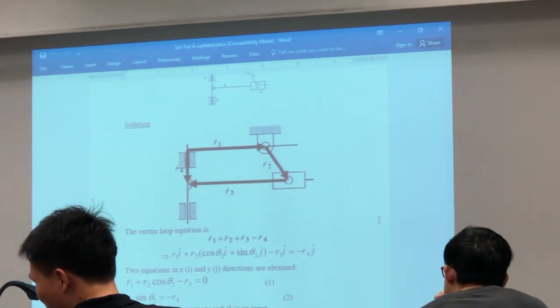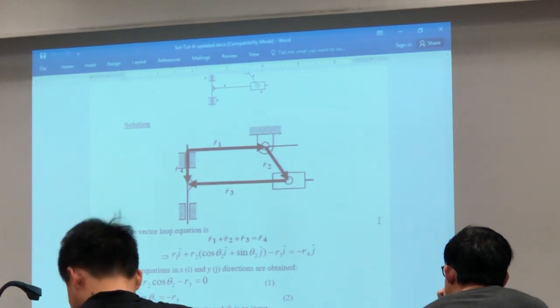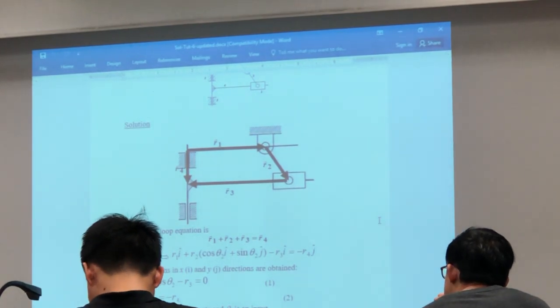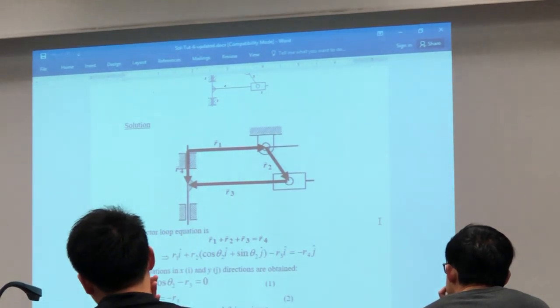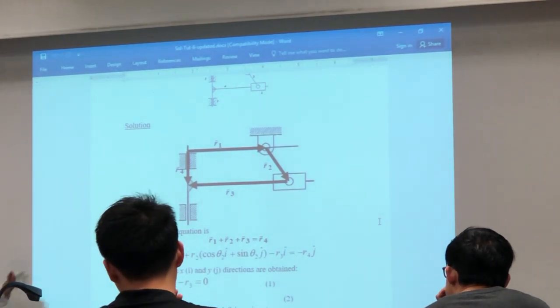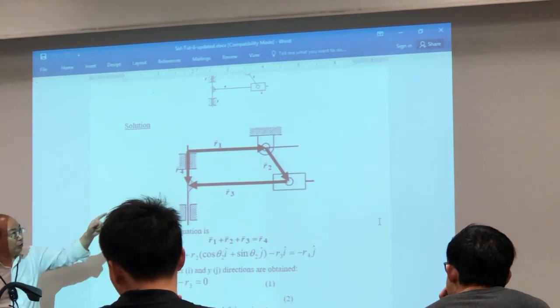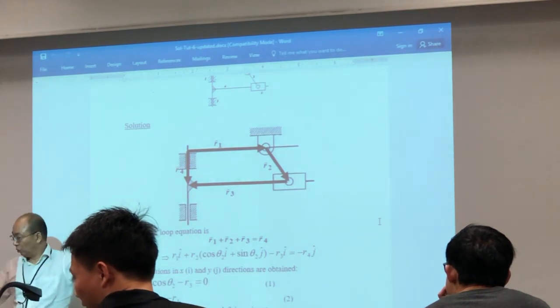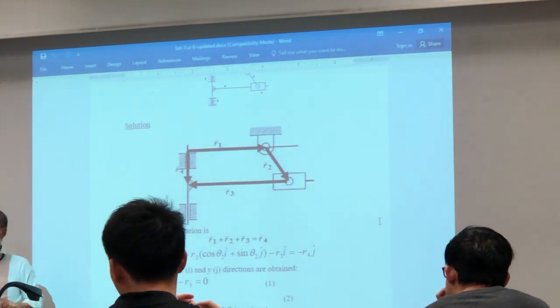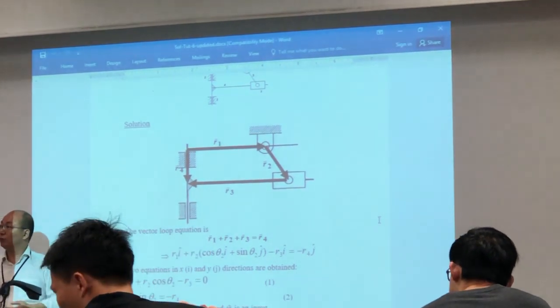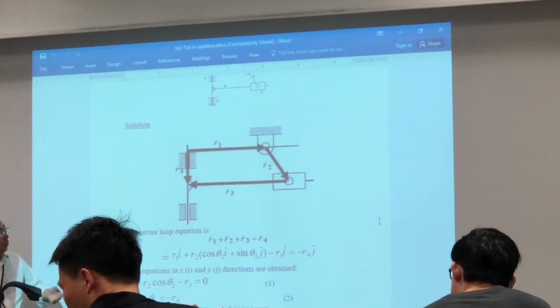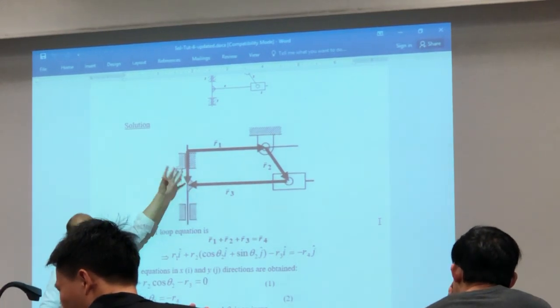So how does it work? Just imagine you really use a computer to do the animation of the motion of this mechanism. R2 is the input. Normally, in the computer software, you give an initial theta 2. Theta 2 equals 0 degrees, then you can calculate R3, R4.